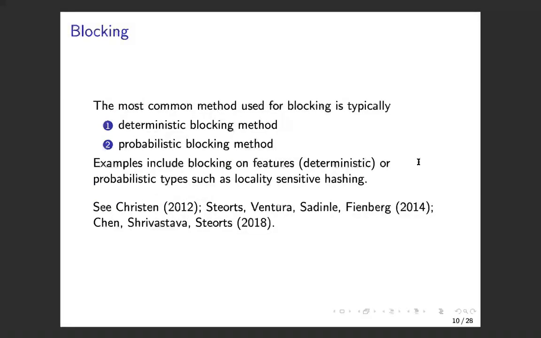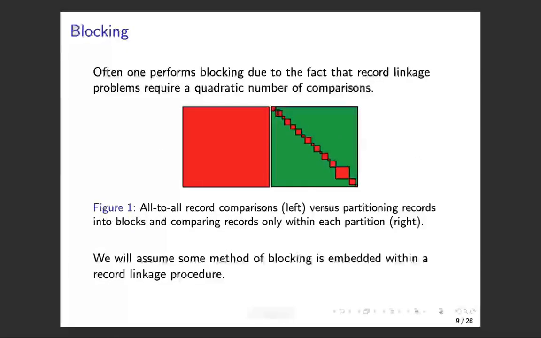The most common methods used for blocking are often deterministic methods or probabilistic methods. So a deterministic method may be that, suppose I blocked on gender, then I would end up with two blocks, for example, those on female and those on male.